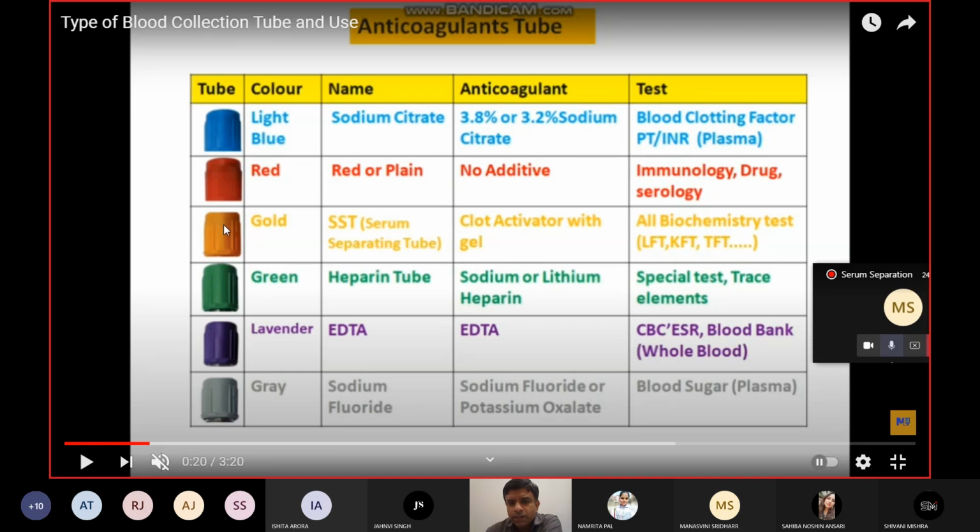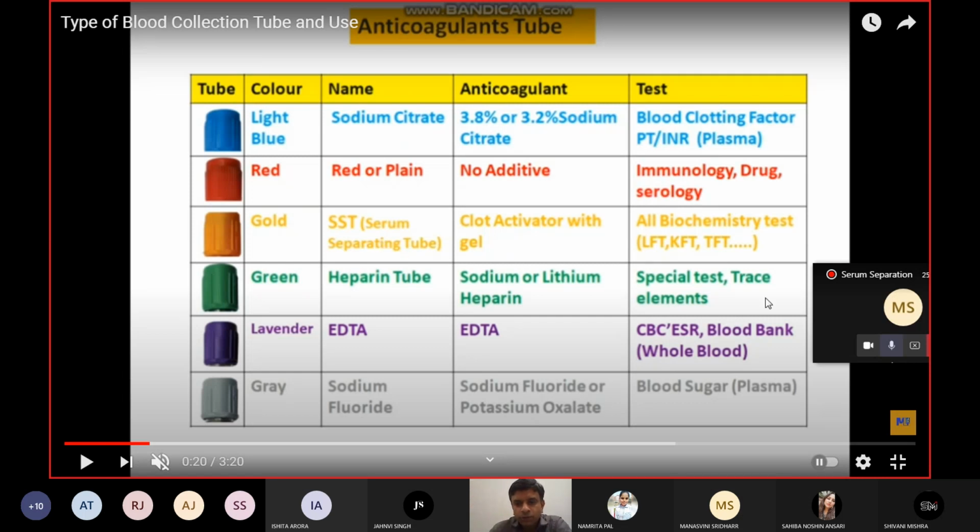Similarly, if you have to do a biochemistry test, it will be put in the gold or yellow vial, which is a serum separating tube, because for biochemistry tests you need serum. That's why we usually use the yellow vial for this.